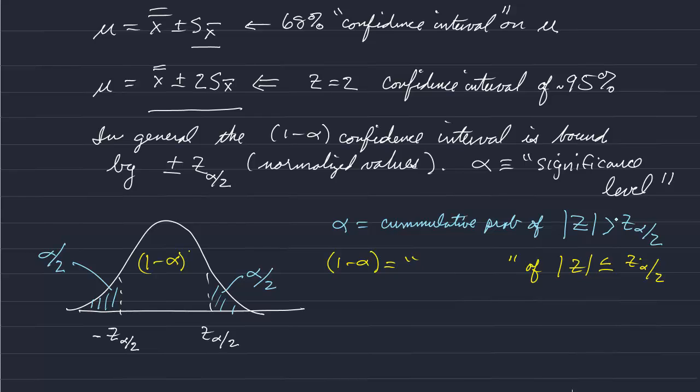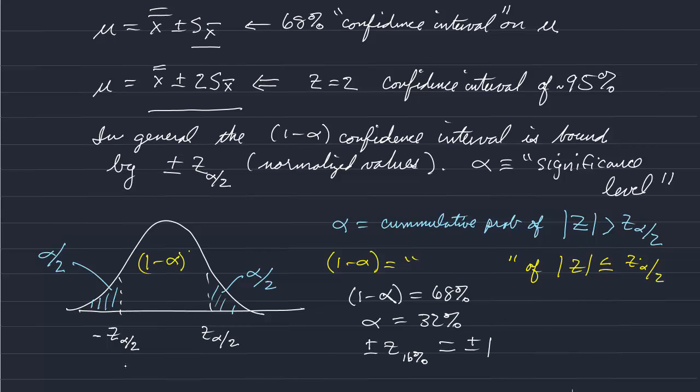Okay, that's to write that out so you can have it in your notes. So in the above example, when 1 minus alpha is equal to 68%, alpha is equal to 32%, and so z of 16% is equal to, plus and minus z of 16% is equal to plus and minus 1.